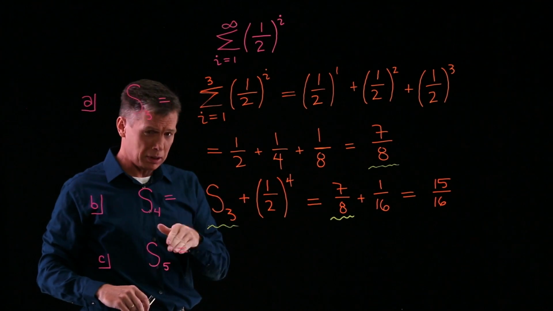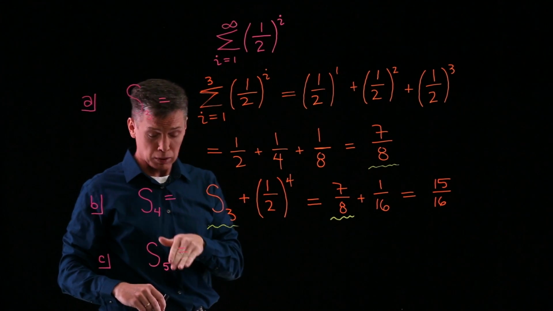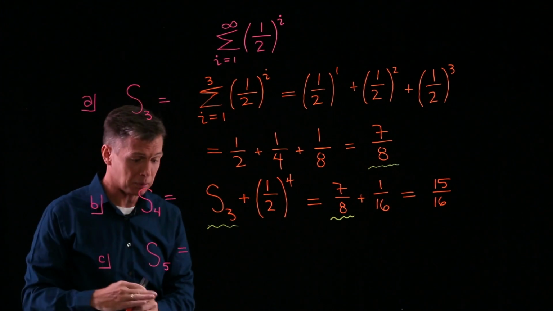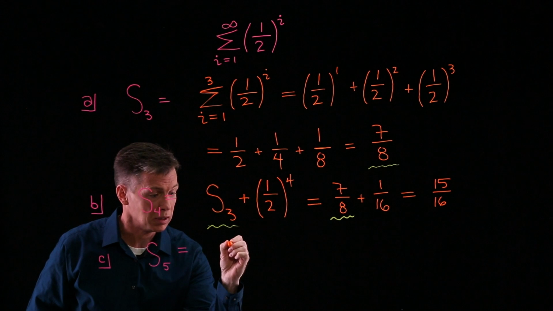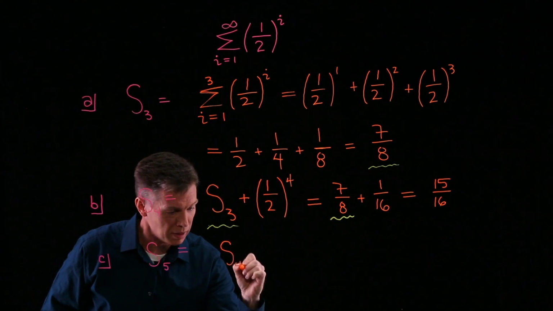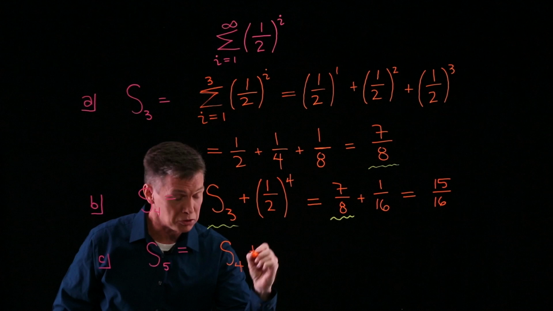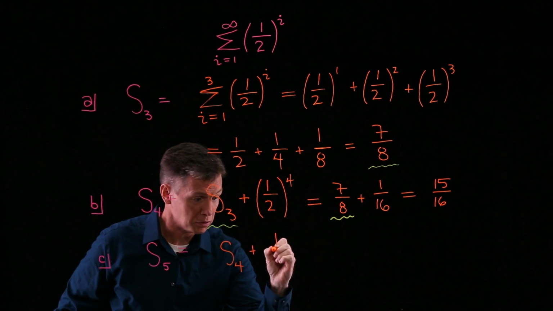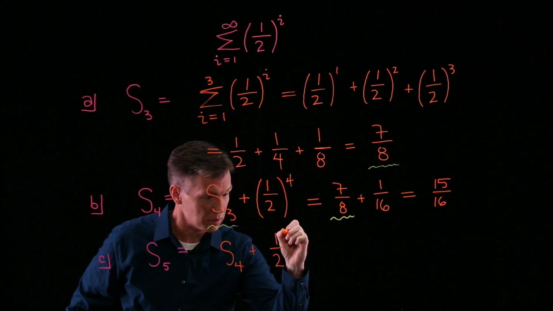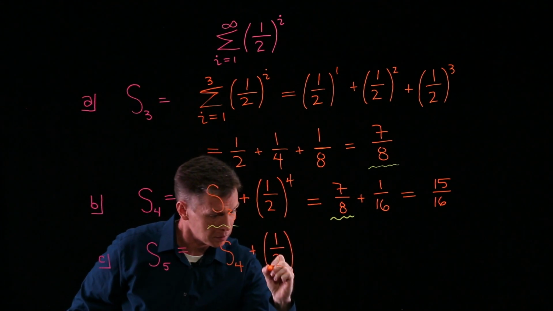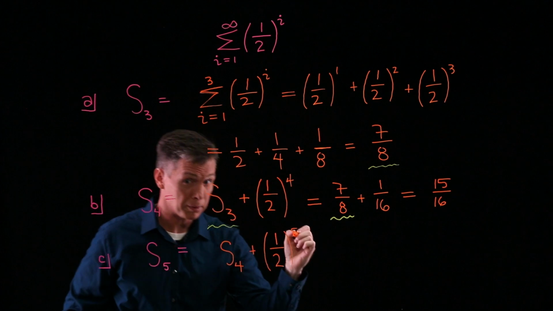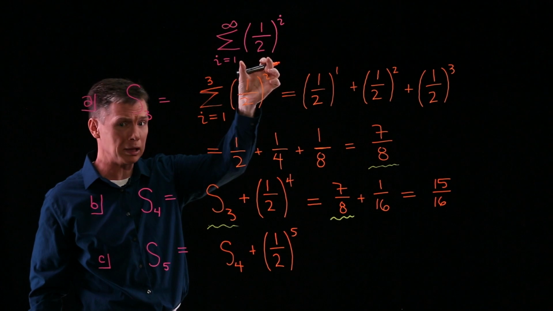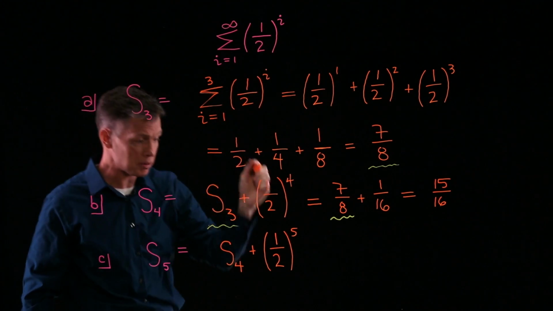Okay, same thought here then, even to save a little bit of work for the third one. They want us to find the fifth partial sum. I mean the third part of the problem. The same work of saying, hey, wait a minute, I already have S sub 4, and I'll just tack on one more term. What would have been the fifth term of this series? So 1/2 parentheses to the 5th power. Again, looking at the original expression, but this time the i would be 5. So my exponent is 5.